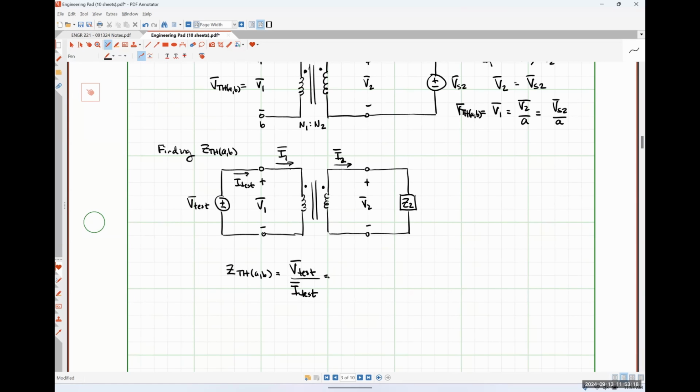Which is the exact same thing as the ratio of V1 to I1. Are we okay with that?